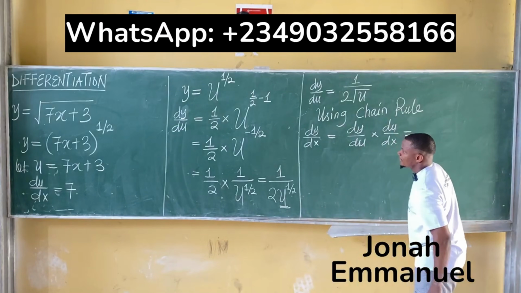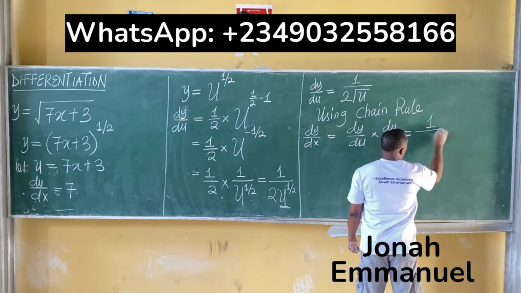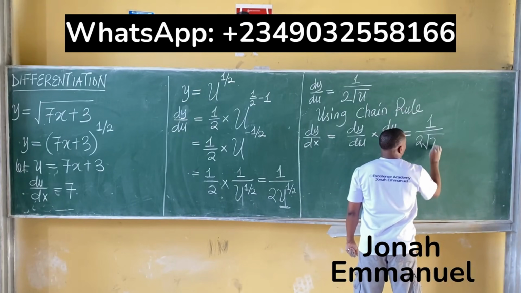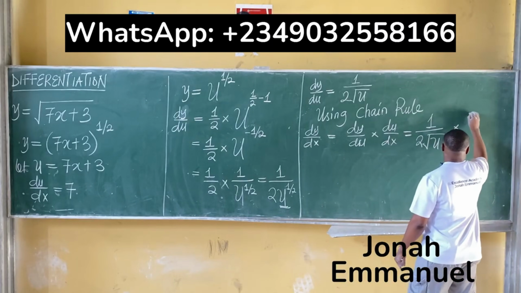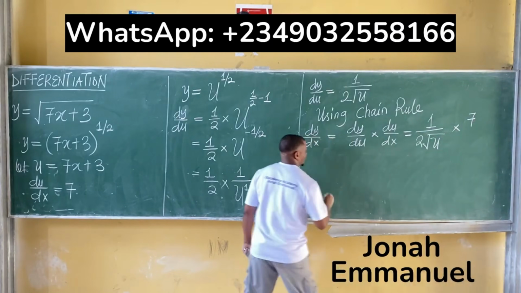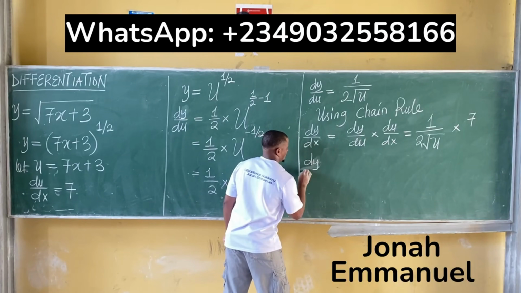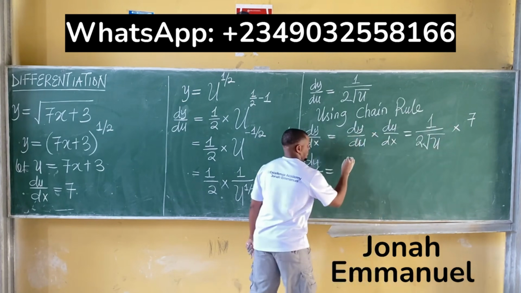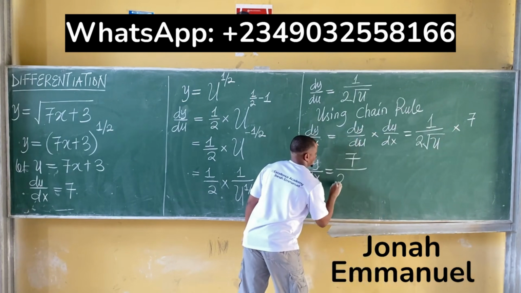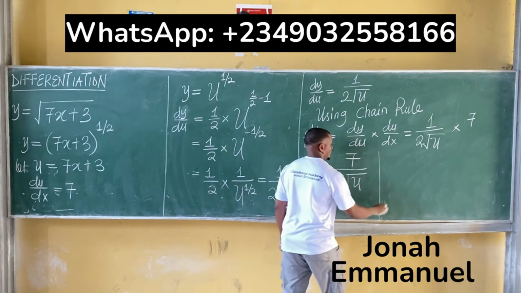What's dy du, please? 1 all over 2 root u. What's du dx? The 7. So multiply them. dy dx is equal to 1 times 7, 7 all over 2 root u. What's your final step?